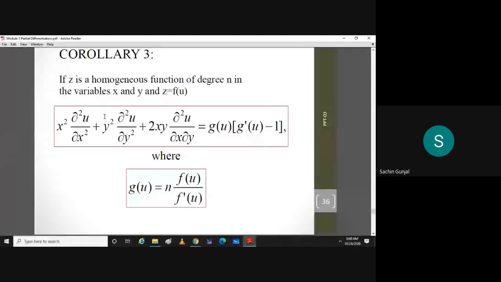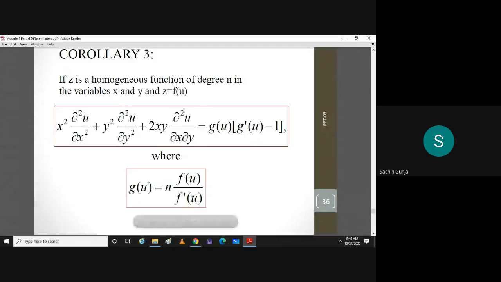Then the value of x² ∂²u/∂x² plus y² ∂²u/∂y² plus 2xy ∂²u/∂x∂y, without calculating these partial derivatives, is g of u into (g prime u minus 1), where g of u is n into f of u upon f dash u.